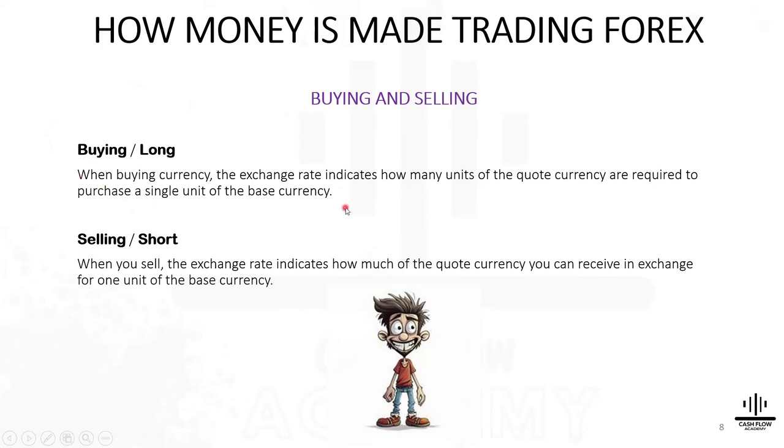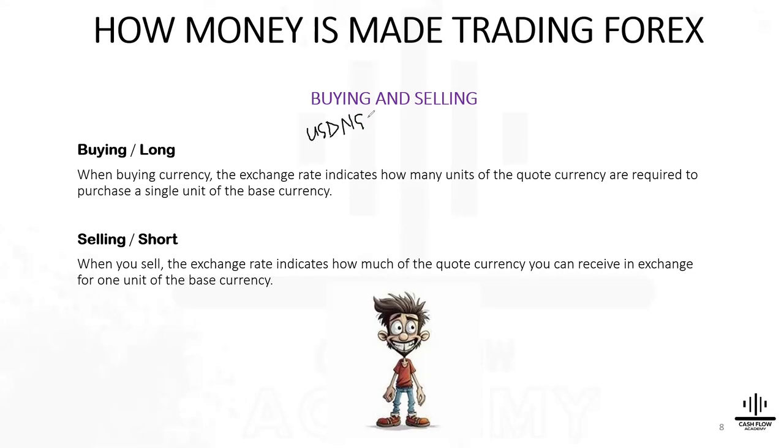So this is just explaining what I explained in the previous slide. When buying a currency, that exchange rate is just telling you how many units of the quote currency are required to purchase a single unit of the base currency. So let me explain it again to make sure that we all get it. Let me use the Nigerian naira.